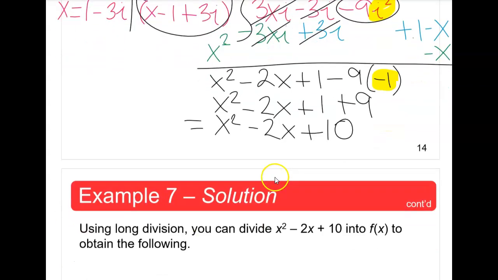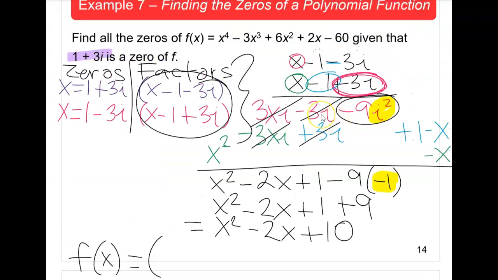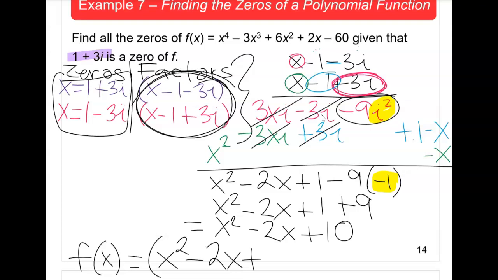So what we have done is factor out our polynomial starting with one of the zeros, got a second zero, multiply those two factors, and we found this polynomial.